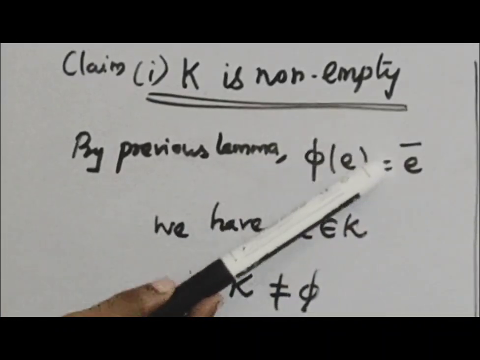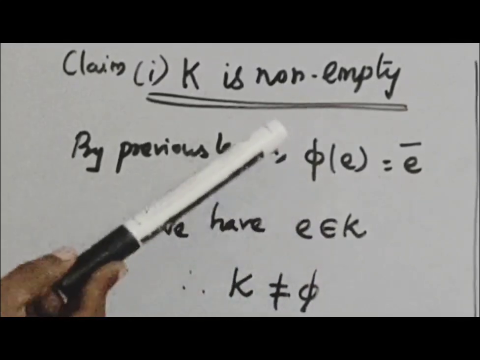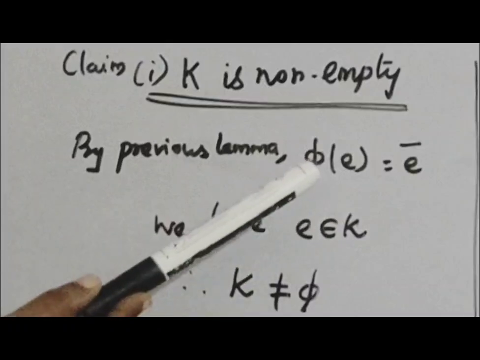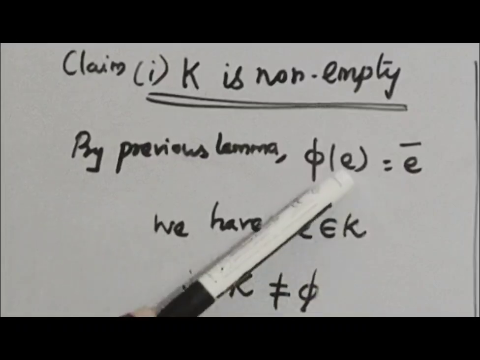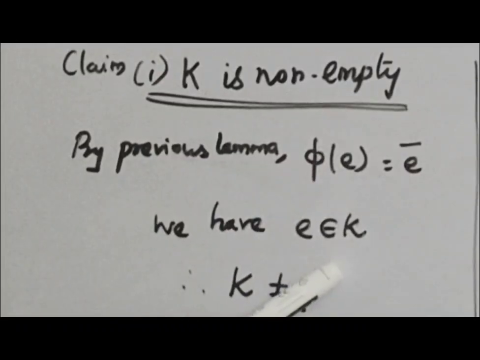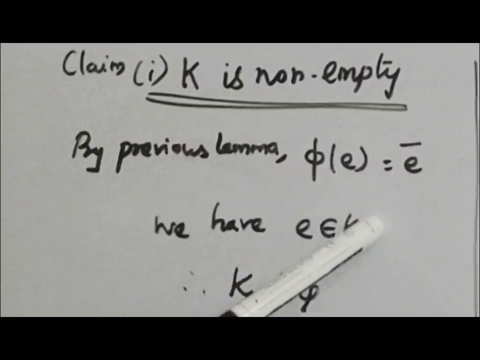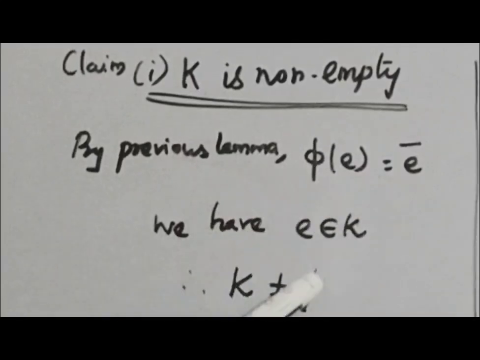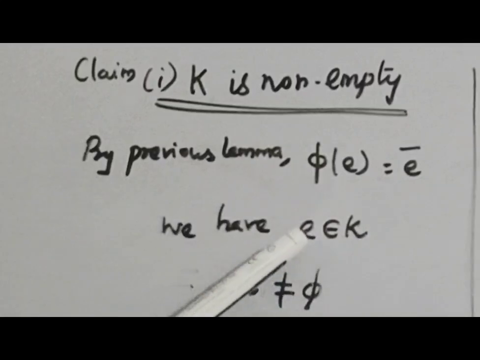Clearly, this e belongs to K, since the kernel K means the set of all x such that phi of x is equal to e bar, where e bar is the identity element. Therefore, e belongs to K. Since there is an element in the set K, we say that K is non-empty.